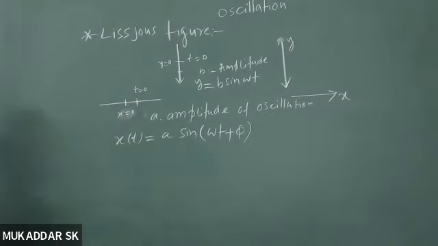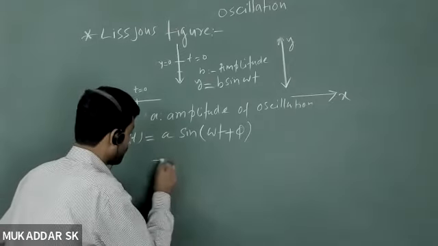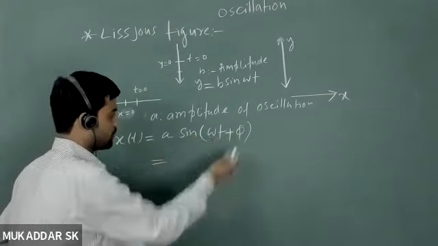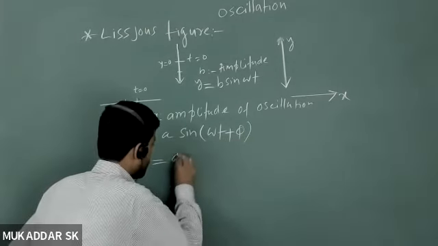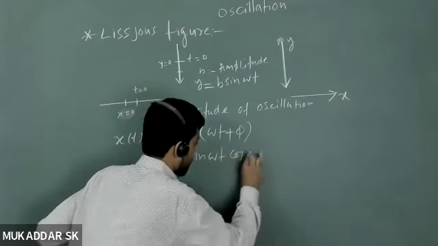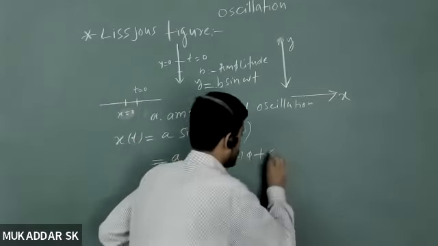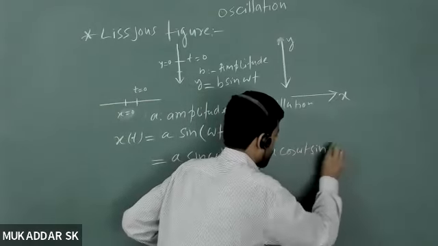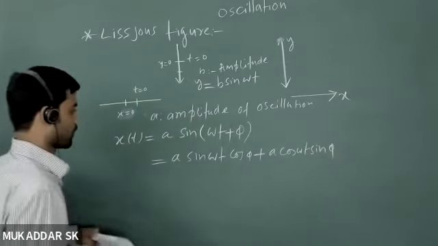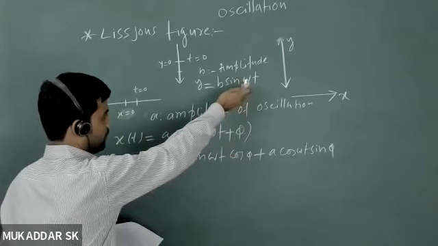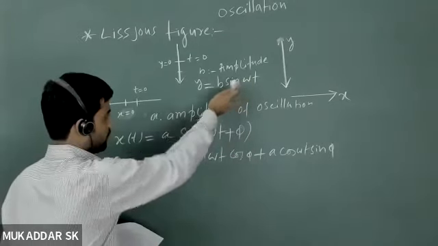So this is the displacement equation. Now further, I can modify this equation, right? Because I know sine(omega t plus phi), I can write it as a sine omega t cos phi plus a cosine omega t sin phi, right? And sin omega t, I'll substitute this value. Sin omega t is nothing but y by b.